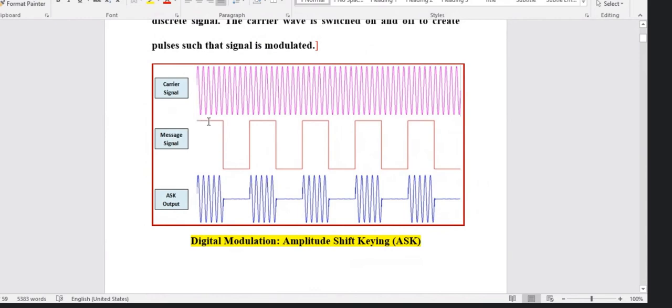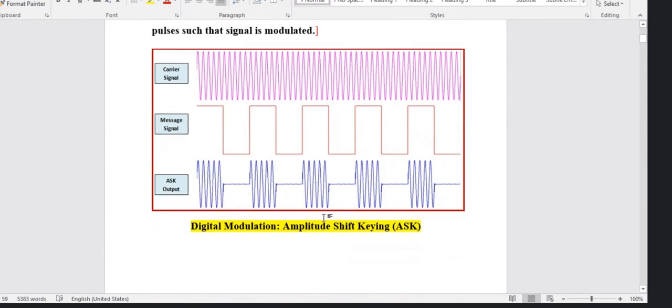When the signal is present, we have 1 amplitude, and when there is no signal, we have 0 amplitude of the signal. So here what we have seen is that the amplitude of the carrier is being modulated with the message signal. And since the message signal has two values, the ASK output has two values.